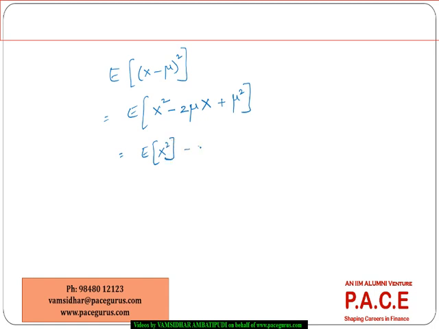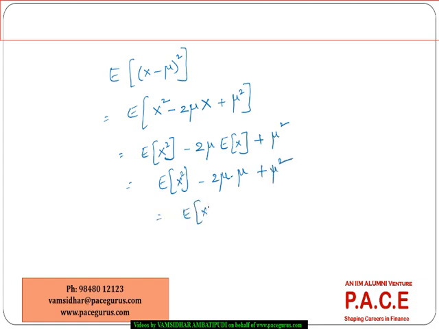Expected value of x squared, because minus 2 mu is a constant, I'll take it out, times expected value of x, plus expected value of mu squared, which is a constant, so mu squared. So this becomes expected value of x squared minus 2 mu times expected value of x, which is nothing but mu, plus mu squared. So overall it comes out as expected value of x squared minus mu squared.